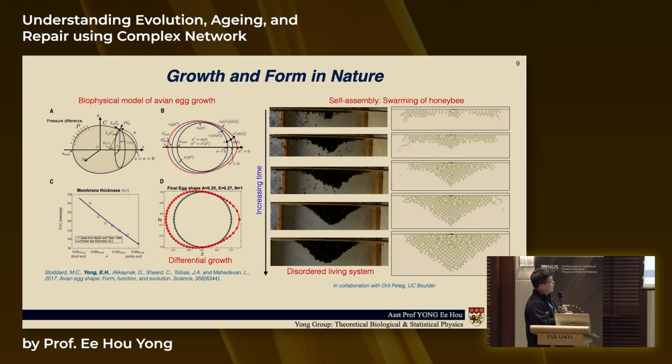We are able to use this kind of complex network to understand the force chain that exists between different bees in a dynamical process, and basically to understand the interaction, the connectivity that exists within these bee structures.